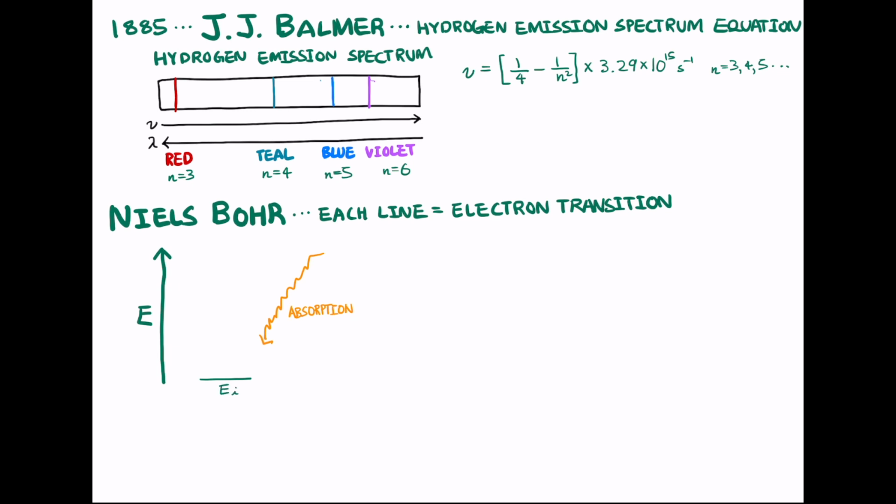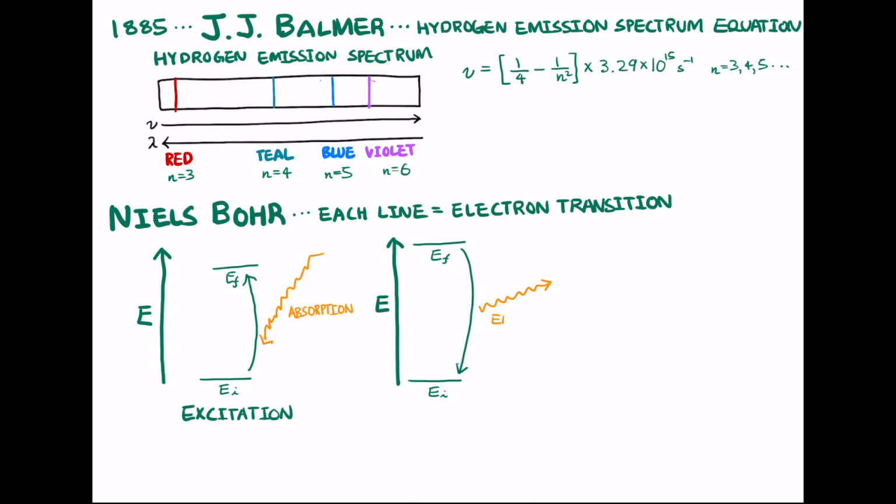We call this excitation. When electrons lose energy and hence move from an initial higher energy state to a final lower energy state, the atoms emit light. We call this relaxation. The distinct frequencies of light that are seen in emission and absorption spectra are due to quantized energy states of the electrons.